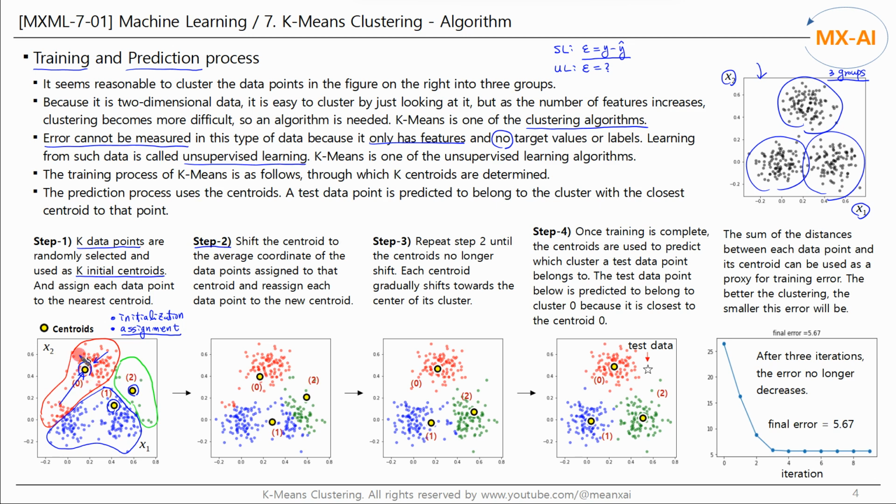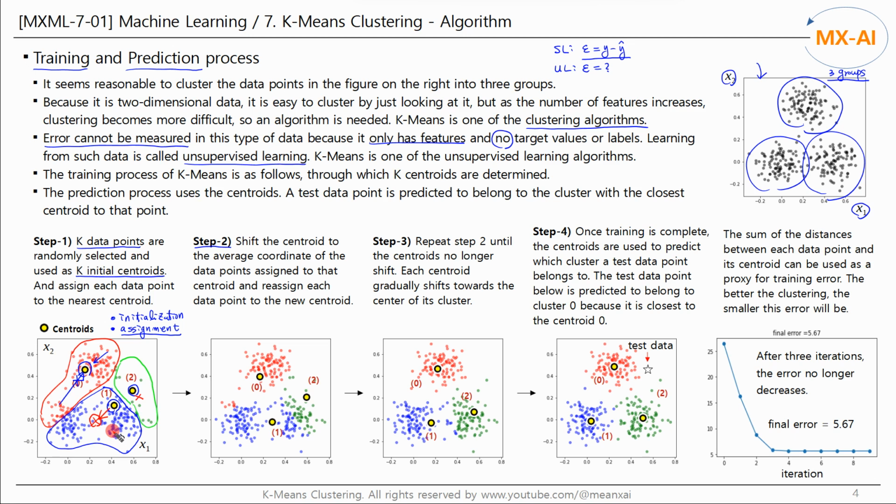The average coordinates of the red data points are around here, and those of the blue data points are around here. And those of the green data points are around here. Shift the existing centroids to the average coordinates. Those are the new centroids.